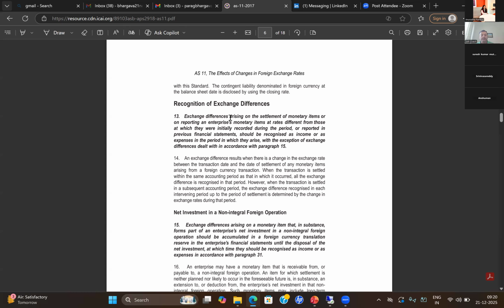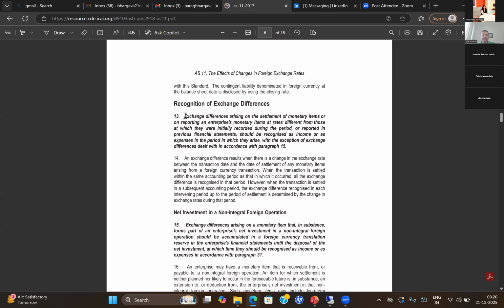Now, when he pays me the money, my customer will pay me $10,000 only, right? So in dollar value, there is no difference. But the value of that $10,000 today, because today the exchange rate is 90, is 9 lakh rupees. So that means 20,000 rupees I have gained on account of foreign currency fluctuation.